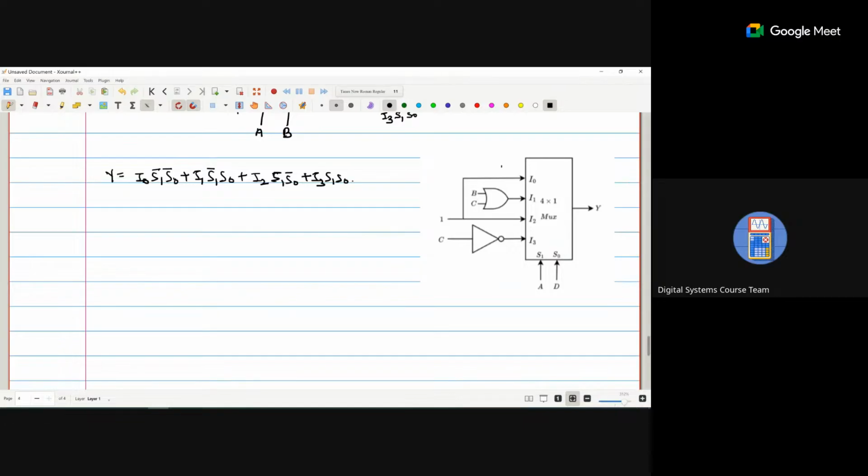Now what is I naught? I naught is 1. What is I1? B plus C. What is I2? Again 1. And I3 is C bar. Now put the values and simply convert into the SOP form, the canonical form, and find out the minterms and maxterms. Can you try it?